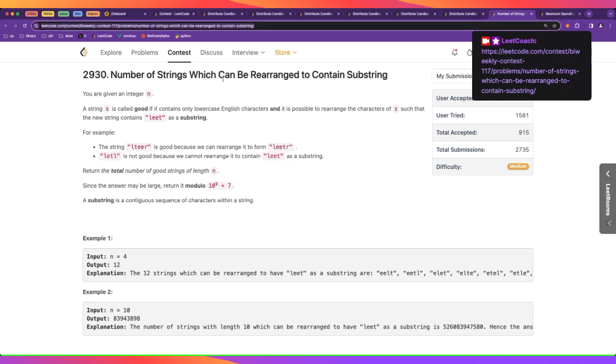Number of strings which can be rearranged to contain substring.